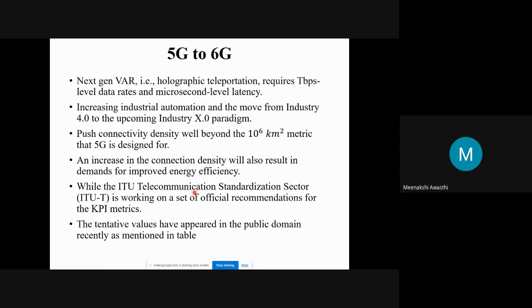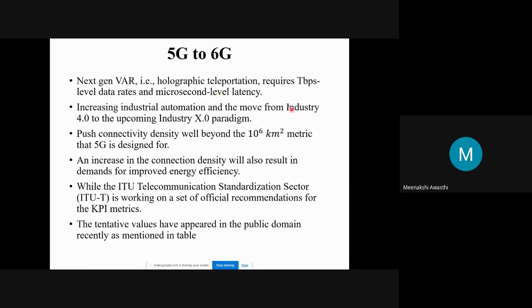It requires terabits per second level of data rates. 5G gives us a data rate in Gbps; the downlink 5G data rate is approximately 1 Gbps. But in the sixth generation, we need terabits per second level of data rates, and microsecond level latency.